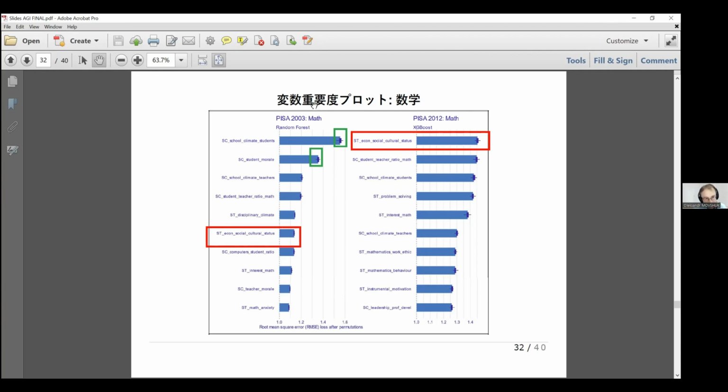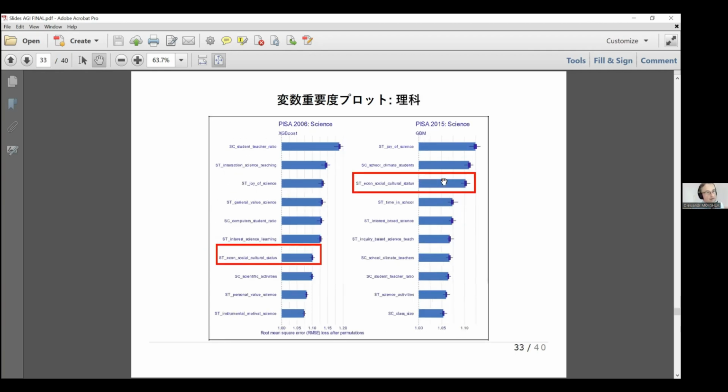9 years later, if we again explain the mathematics, socioeconomic status is no longer 7th, but it's at the top. So we can see that it became more important over time. What about other subjects? Here I show the result for science.